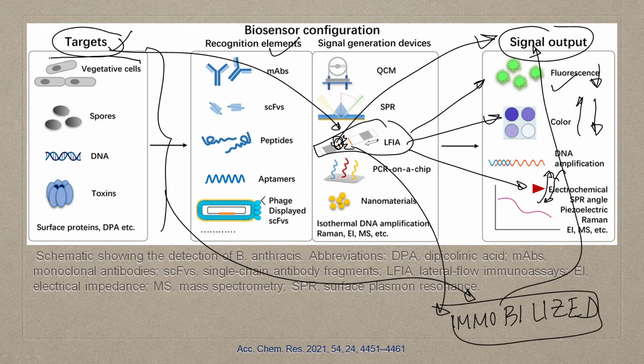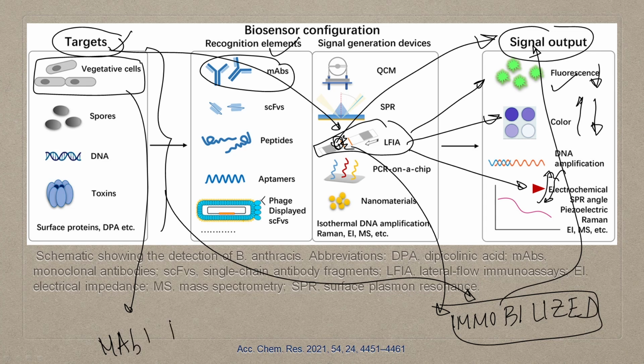For this, say for example, I am talking about this vegetative cell, I need it to bind to 2 different kinds of fragments of monoclonal antibody, say MAB1, MAB2. So, if MAB2 is represented like this and MAB1 is represented like this.